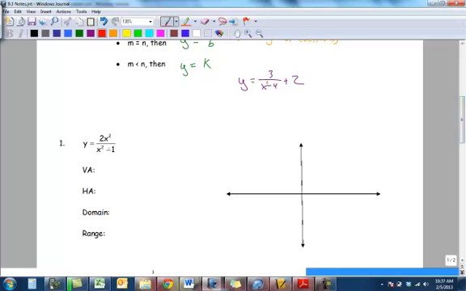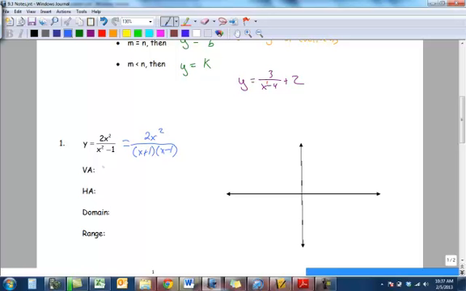So let's look at this first one: 2x squared divided by x squared minus 1. Guys, just like everything in this chapter, the first thing you need to do is factor. This is going to be x plus 1 and x minus 1. Now, what makes the denominator 0? In this case, there are 2 numbers that make this denominator 0: negative 1 and 1.